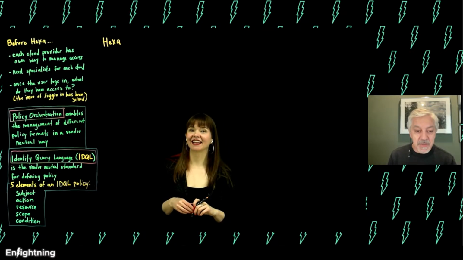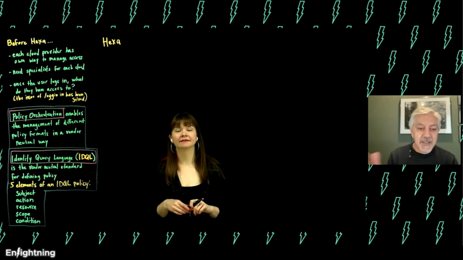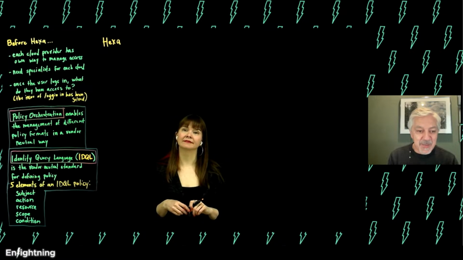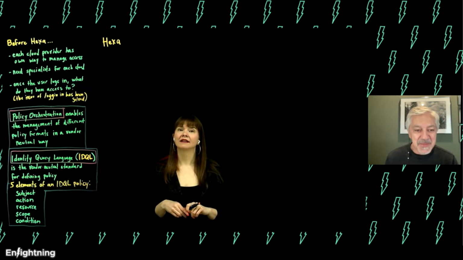So Hexa was started to begin doing research and experimenting and a lot of trial and error to figure out how can we translate IDQL to that format that those systems support, and vice versa? Can we connect to a Google or an Amazon and discover what resources exist already, what policies exist, and pull them into an interface and display them in this neutral way in IDQL? So that's what we've been working on for the last couple of years.